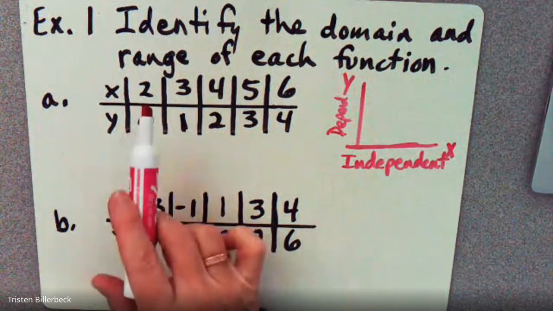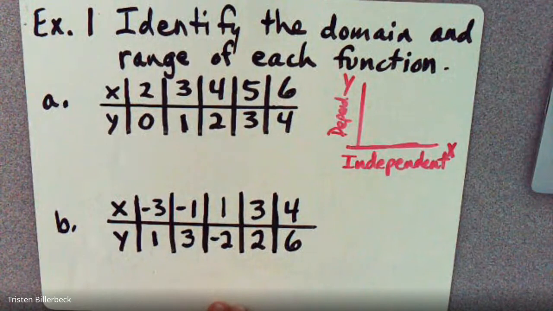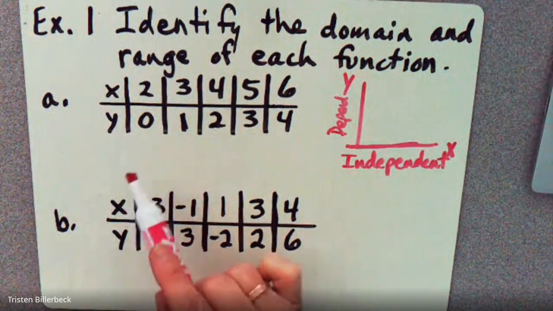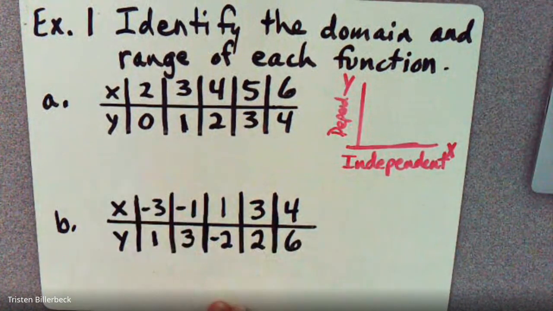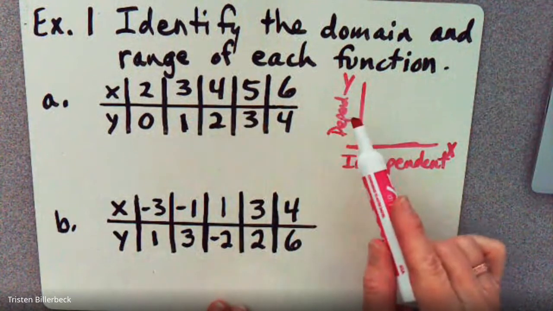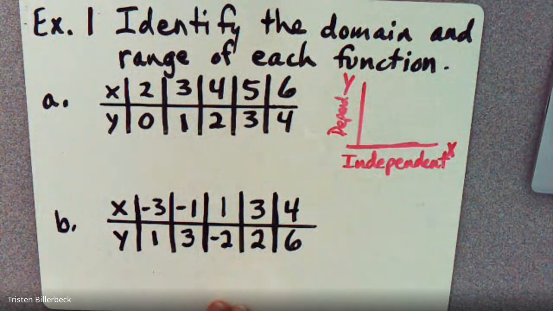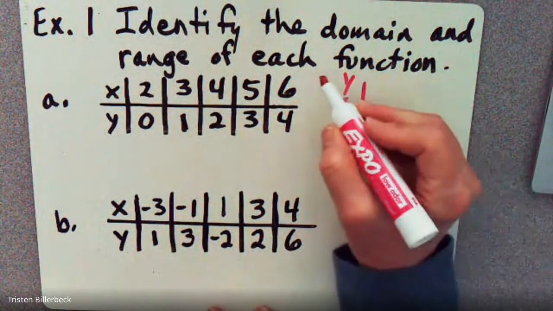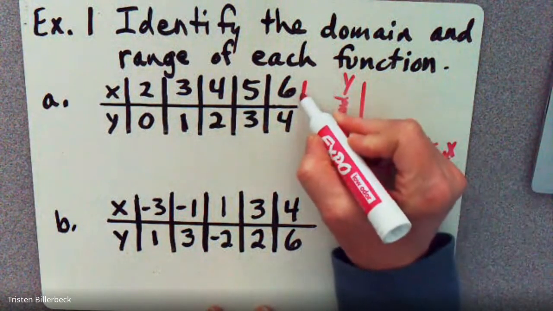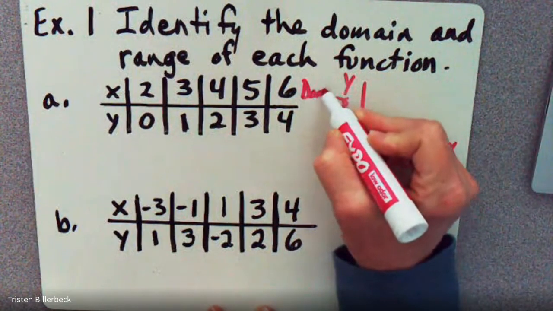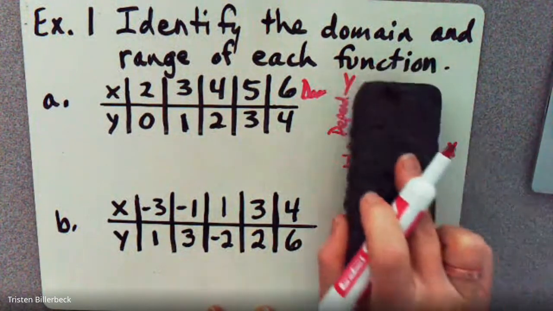Okay, so when I put my input of 2 into the machine, I always get a 0 for an output. There's no other 2 up here giving me a different output. So the x values are the domain. Let me make a little room here.